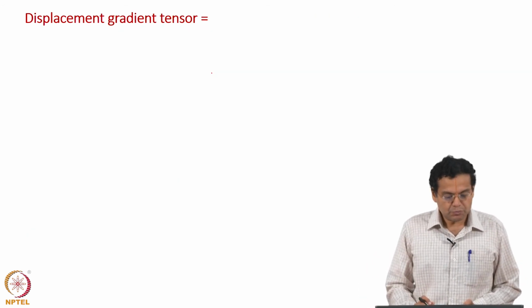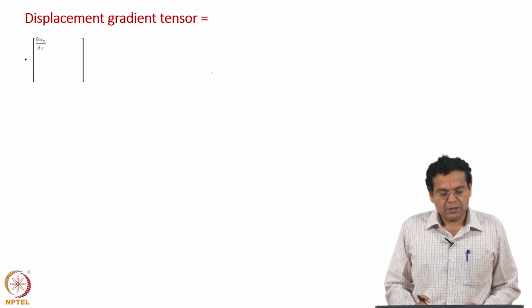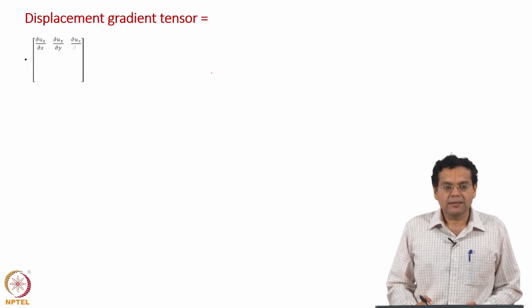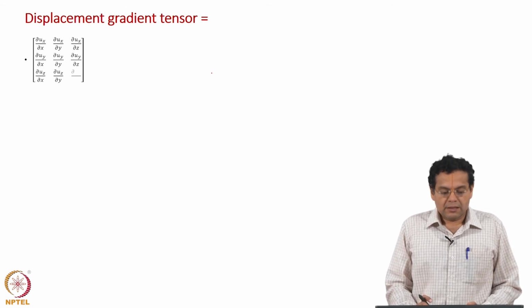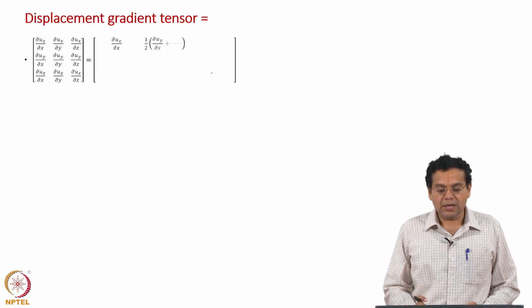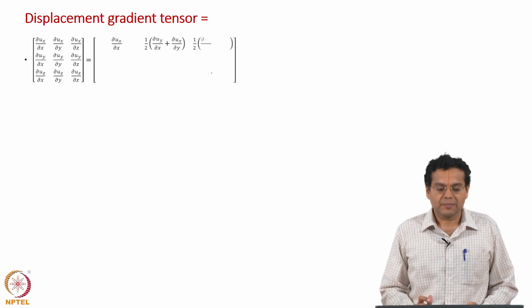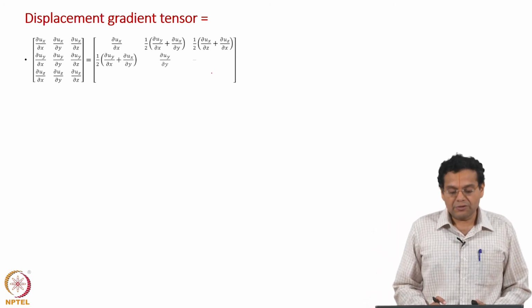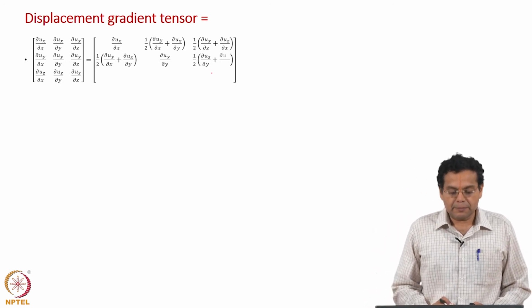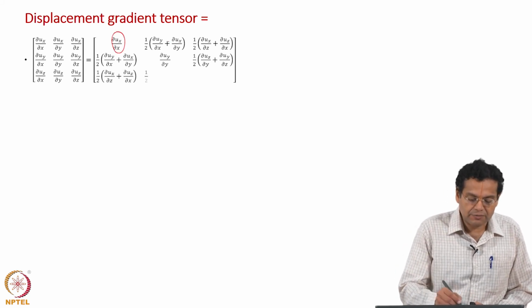So, now we can write this statement again, that the displacement gradient tensor is the sum of two tensors. Now, I think we can look at it more physically, geometrically, instead of just looking at it in terms of calculus or differentials. And remember, that is why at the end of the previous discussion, we were looking at the physical significance of these terms.